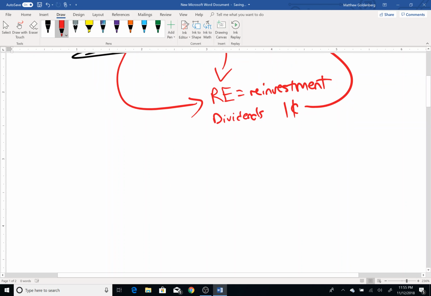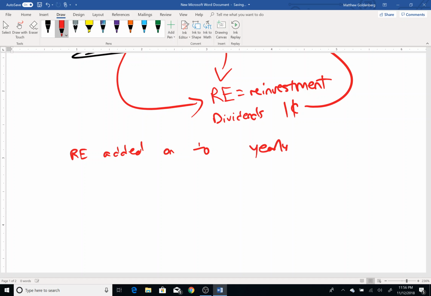Remember, retained earnings is added on to yearly. So goes back for the length of the business.